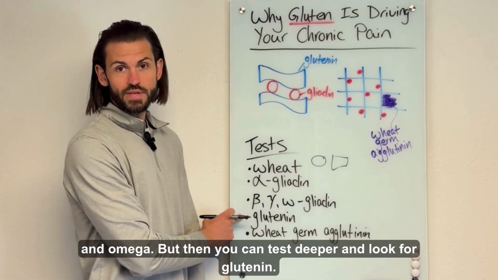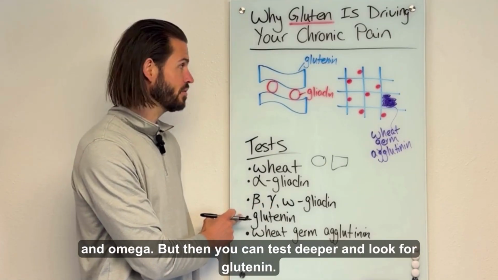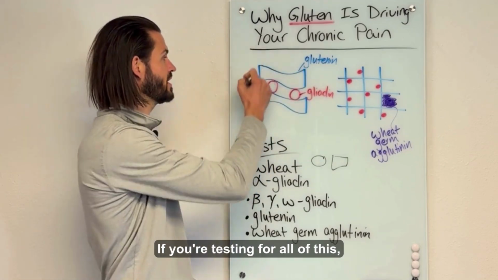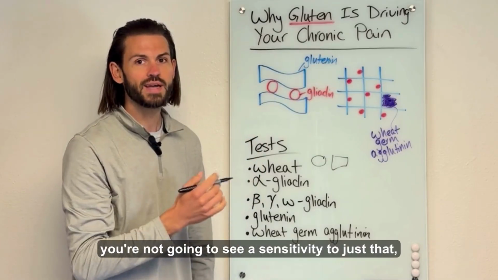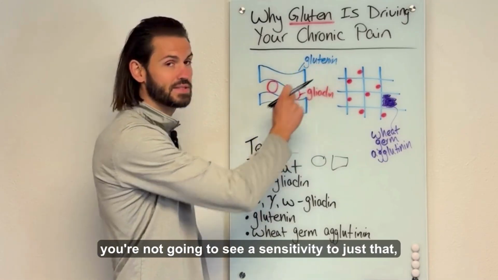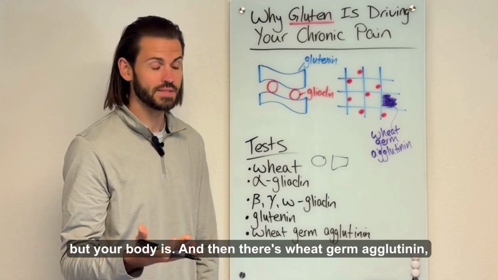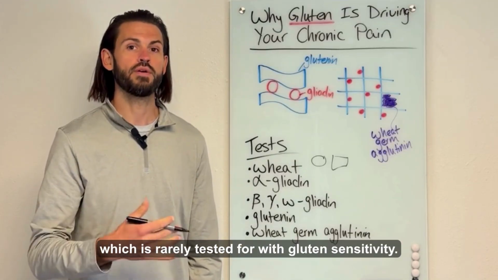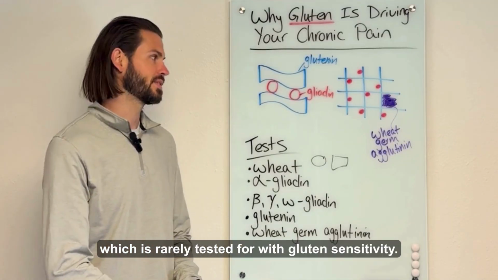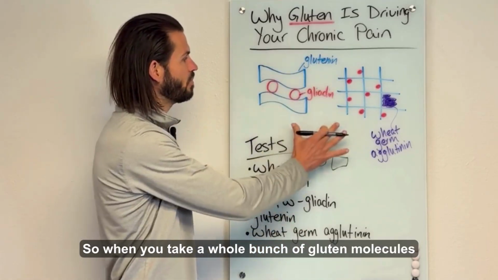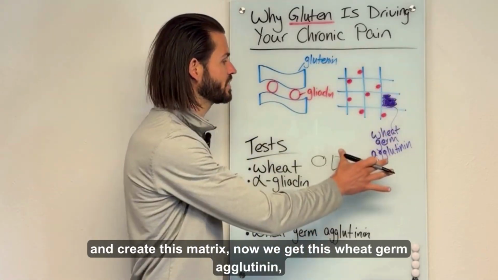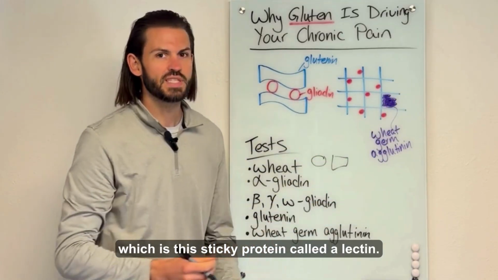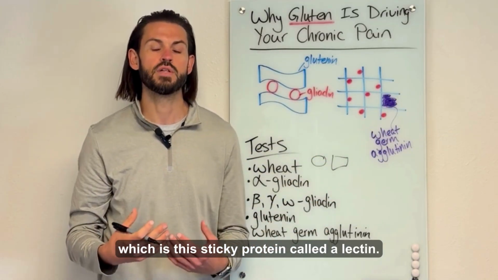But then you can test deeper and look for glutenin. Again, just one component of the gluten molecule. If you're testing for all of this, you're not going to see a sensitivity to just that, but your body is. And then there's wheat germ agglutinin, which is rarely tested for with gluten sensitivity. So when you take a whole bunch of gluten molecules and create this matrix, now we get this wheat germ agglutinin, which is this sticky protein called a lectin.